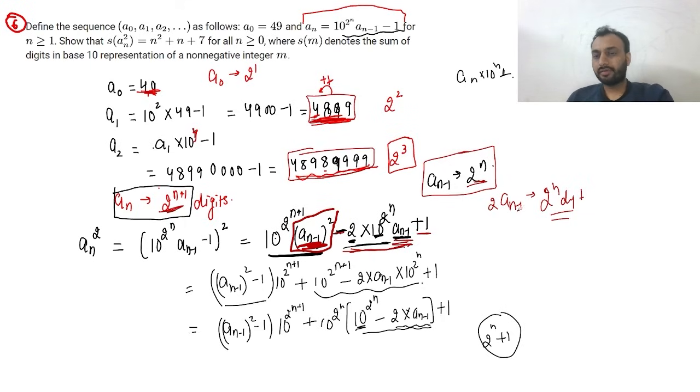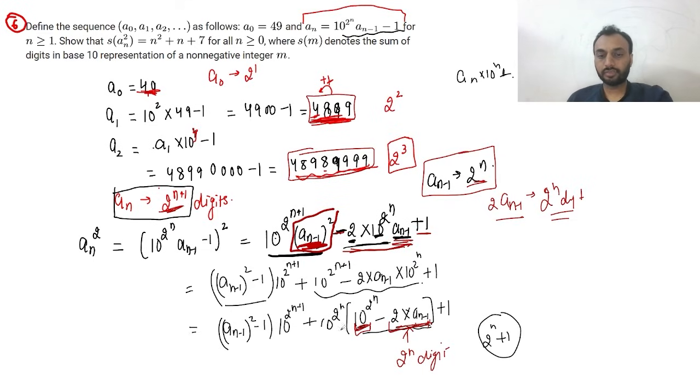So basically AN minus 1 when multiplied with 2, the number of digits remains the same. So this number has how many digits? 2 power n digits. So can we say that when we subtract it from here, we still have a positive number, because it has 2 power n digits, and this has 2 power n plus 1 digits. So this number is bigger than this number, so this becomes a positive number.